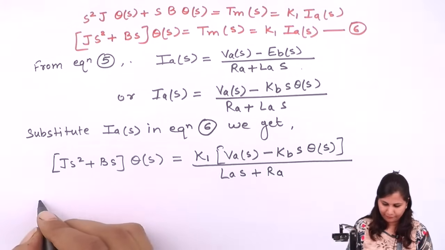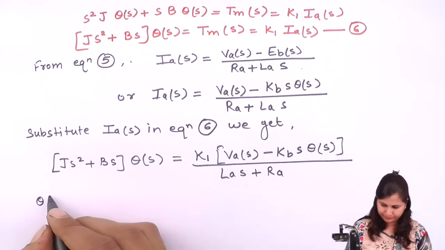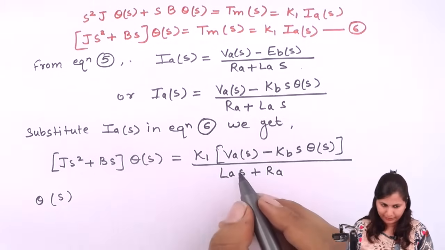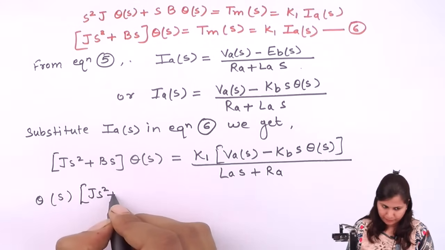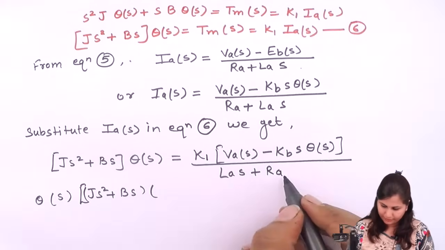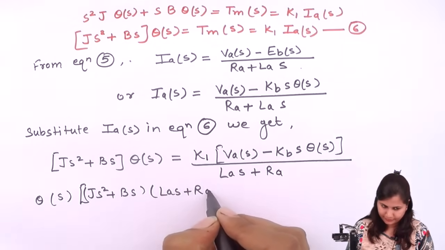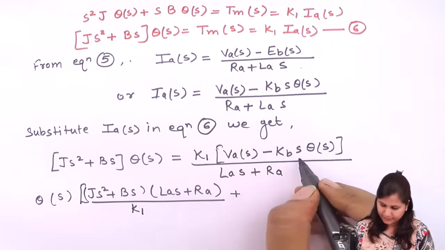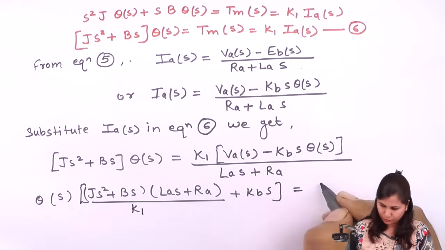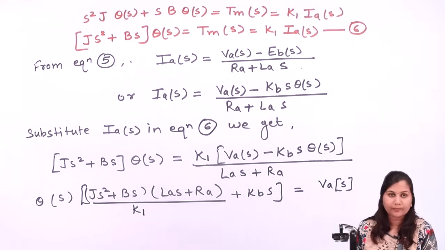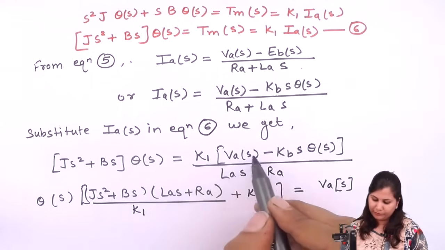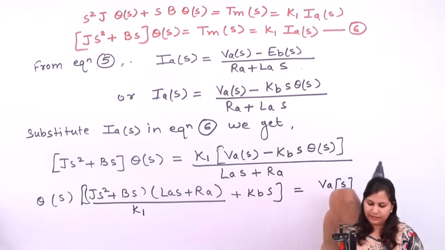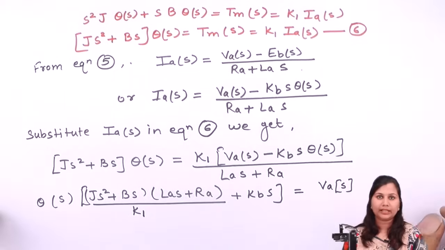Let's solve it. Multiplying by LAS plus RA, we get (JS square plus BS)(LAS plus RA) theta S equals K1 VAS minus K1 KBS theta S. If we multiply this K1 inside, it will be K1 KBS theta S, and we have shifted this to the left hand side, because theta S terms will be on the left hand side and VAS term on the right hand side.